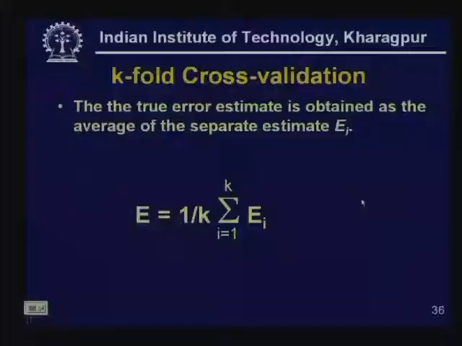So, this sort of approach is used when you do not have a large number of examples available to you. In k-fold cross validation, you have k estimates of error and you take the average to obtain the estimate of the true error.